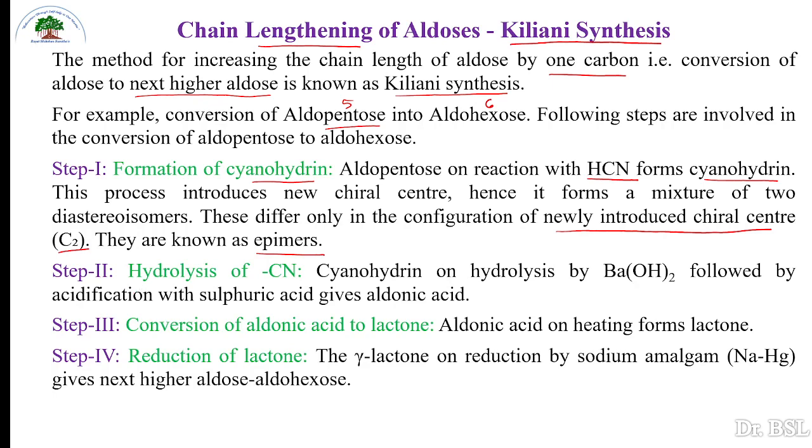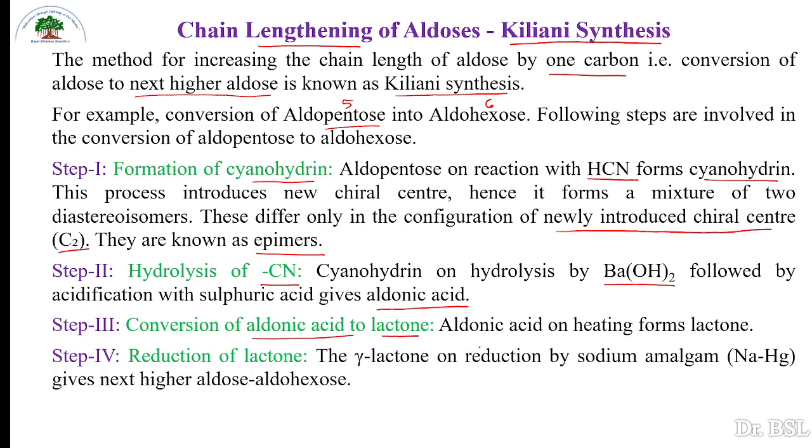The second step is hydrolysis of the CN group. Cyanohydrin on hydrolysis by Ba(OH)2 followed by acidification with sulfuric acid gives aldonic acid. And the third step, conversion of aldonic acid to lactone.